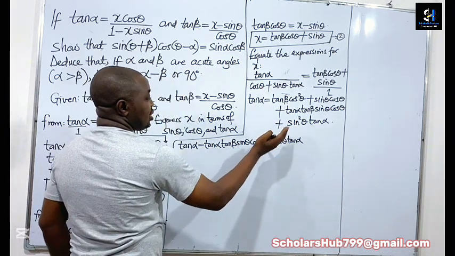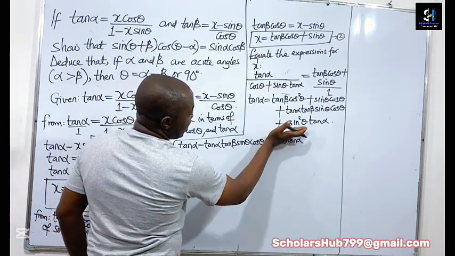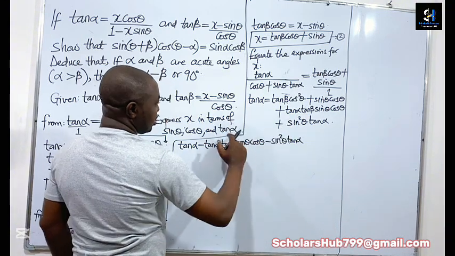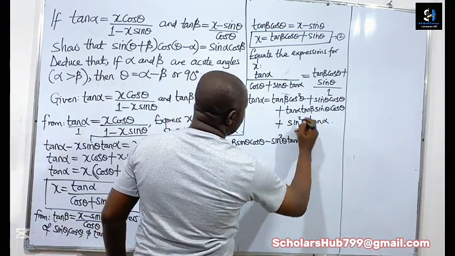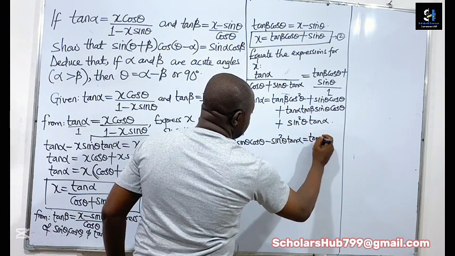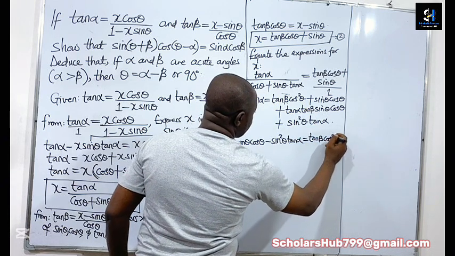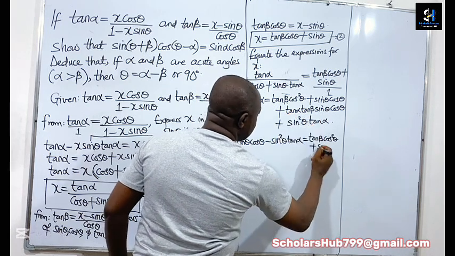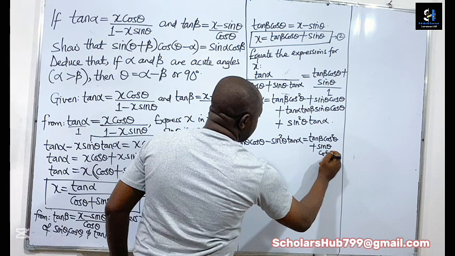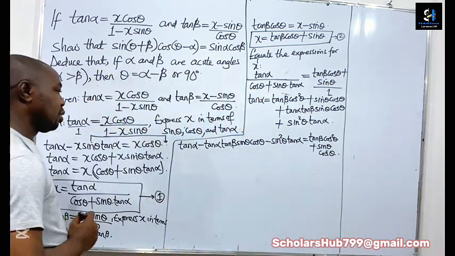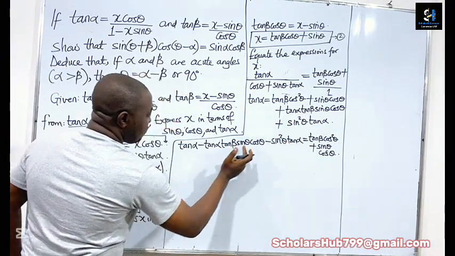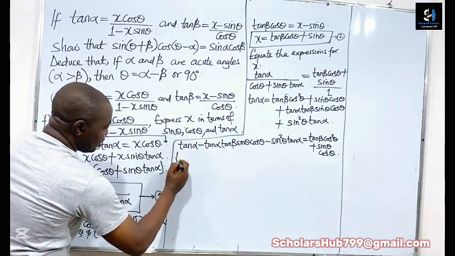When I carry these over to the left hand side, they will be negative. Then on the right hand side will be tan beta cos squared theta plus sin theta cos theta. All right, so now tan alpha is common.